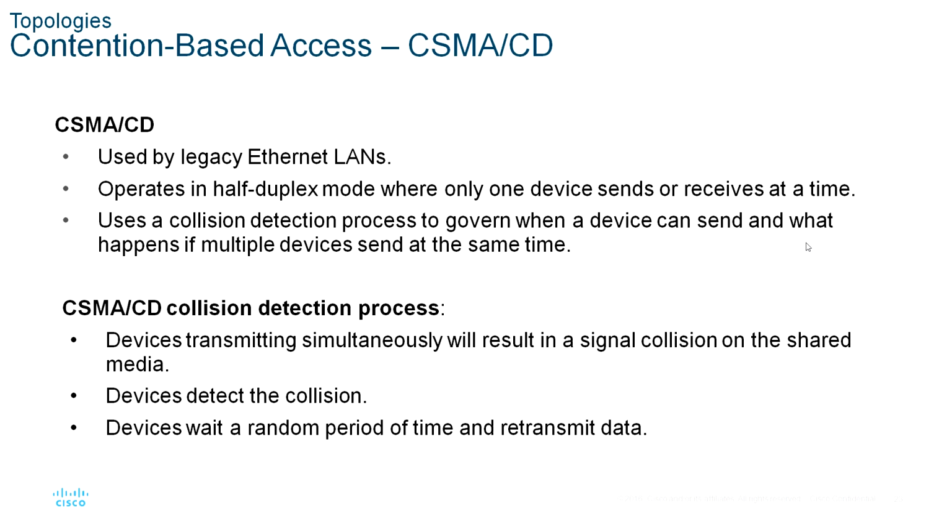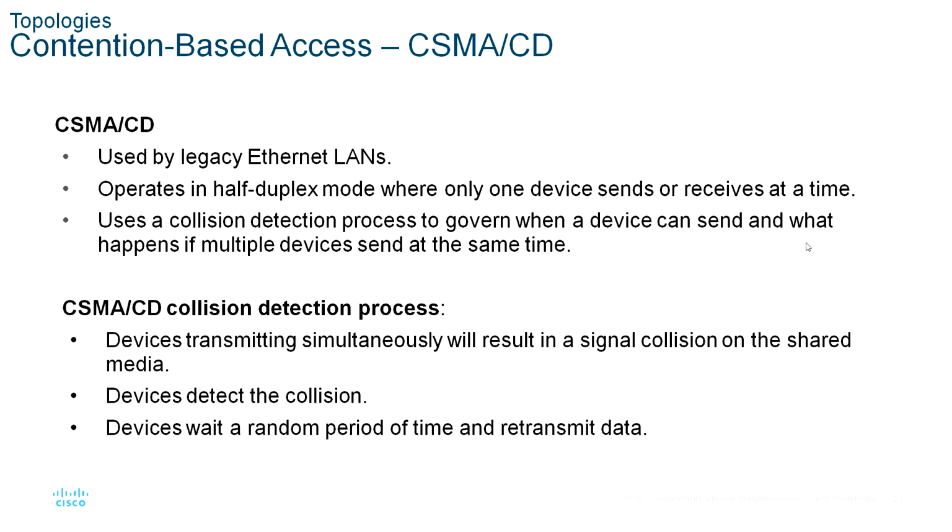This is the collision detection, CD, portion of CSMA/CD. The NIC (network interface card) compares the data transmitted with the data received, or recognizes that signal amplitude is higher than normal on the media. The data sent by both devices will be corrupted and will need to be resent.